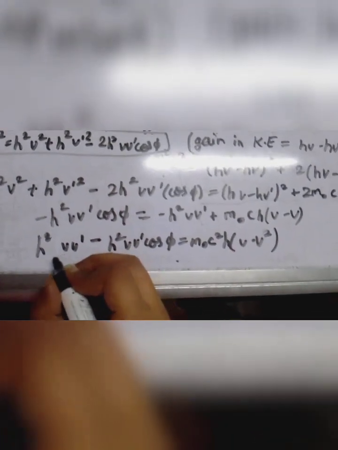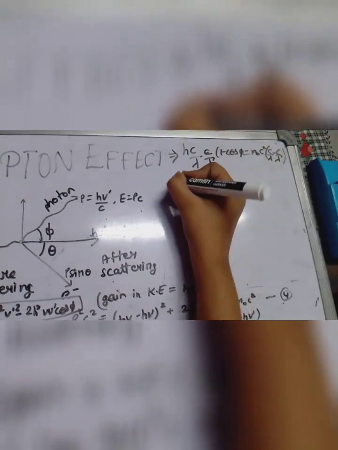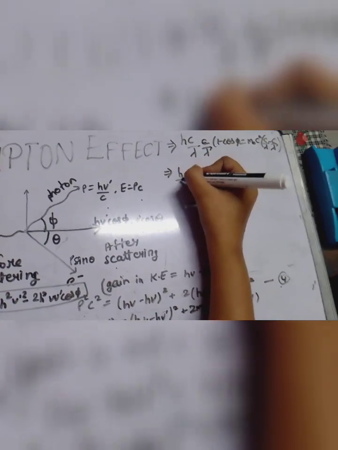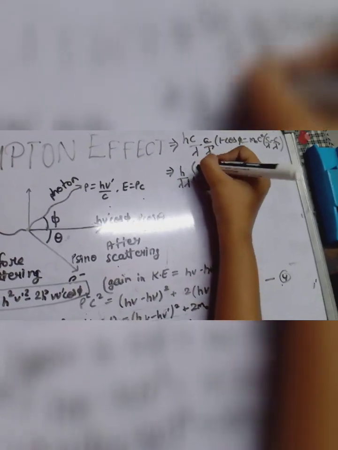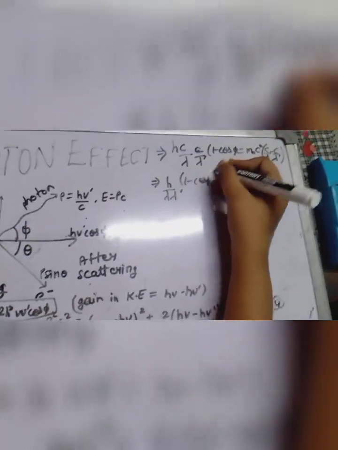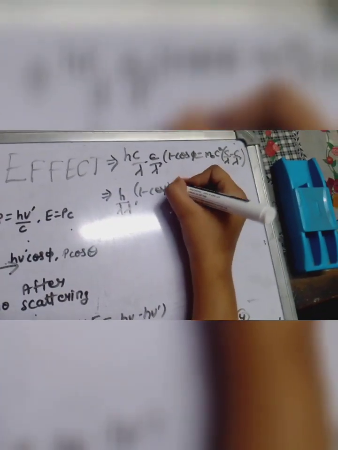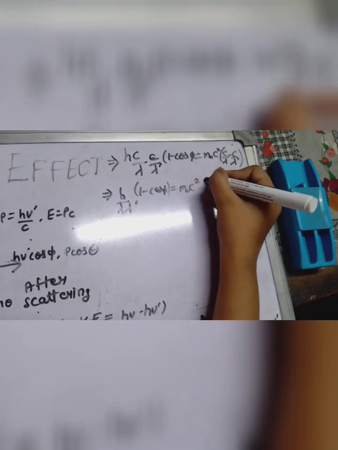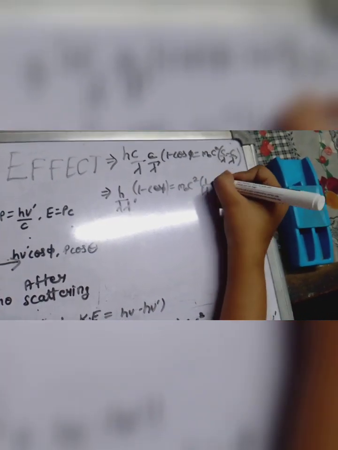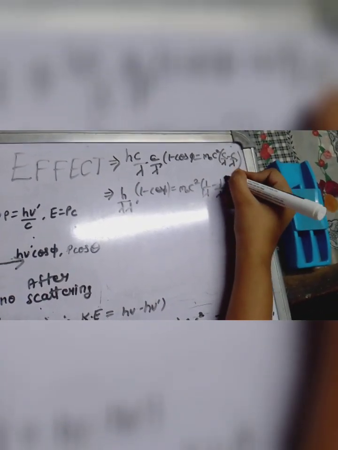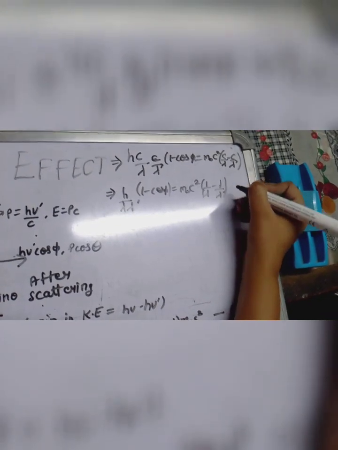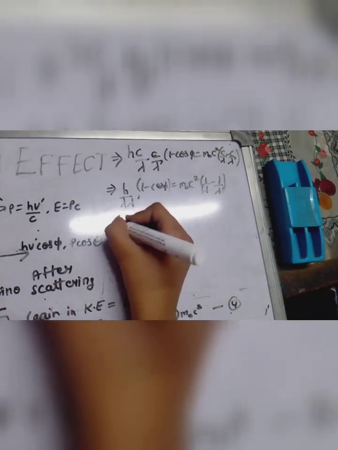You can see I am only putting the value of mu in this equation. Now I am taking common terms: h upon lambda dash (1 minus cos phi) is equal to m naught c square (1 upon lambda minus 1 upon lambda dash). So this is the equation. Now I will solve it further.